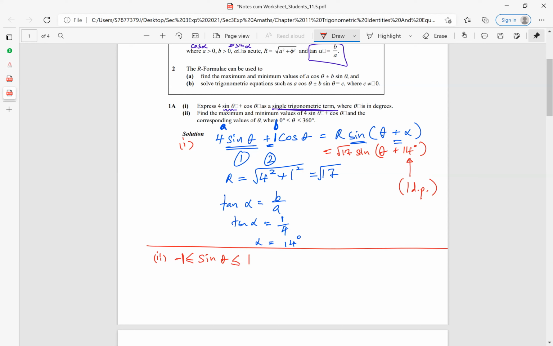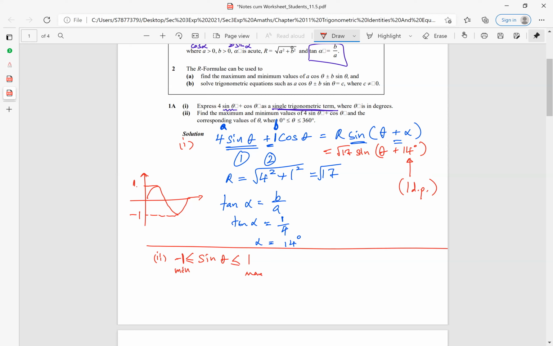So if you draw your sine curve, you get 1 here, and -1. So that's the limit, how much the y value can be, from -1 to 1. Of course, this being your minimum, this being your maximum.